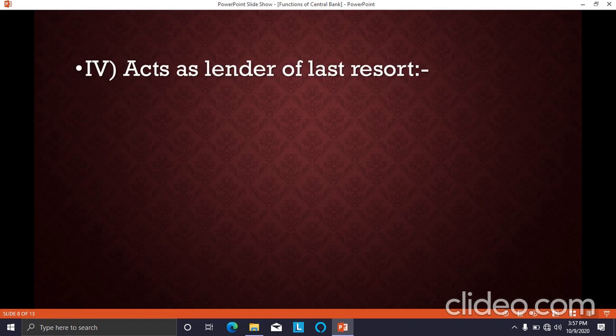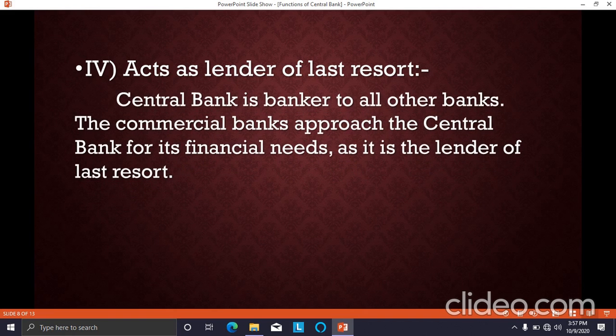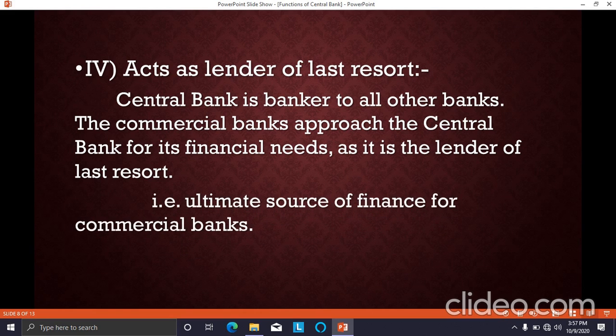Fifth function is it acts as lender of last resort. So central bank is a banker to all other banks. Whenever the commercial banks are in need of money, they approach the central bank, and their financial needs are fulfilled by the central bank. It acts as a lender of last resort. Last resort means it is the ultimate source of finance for the commercial banks.